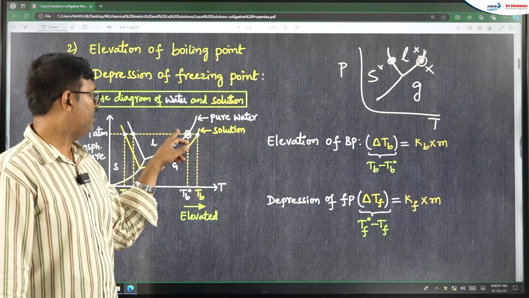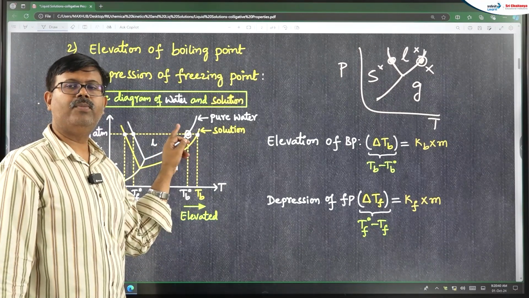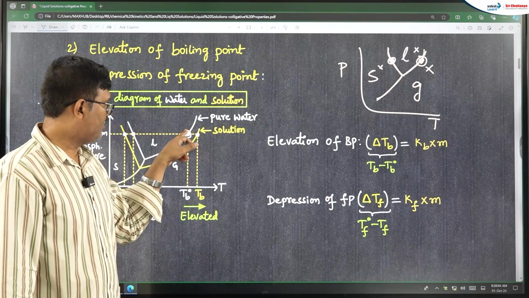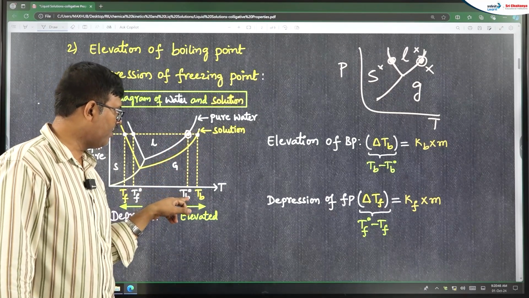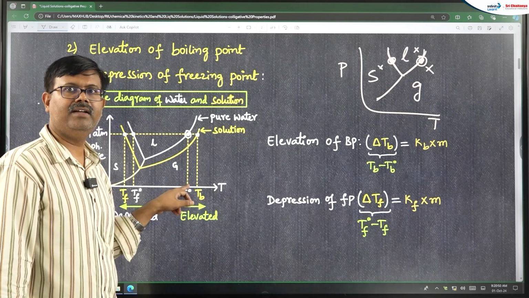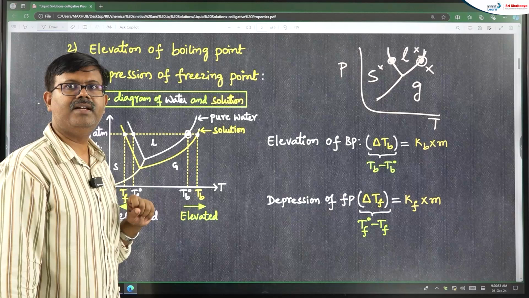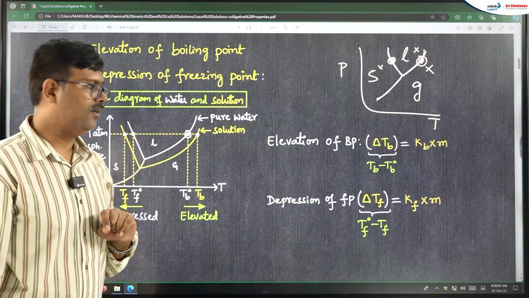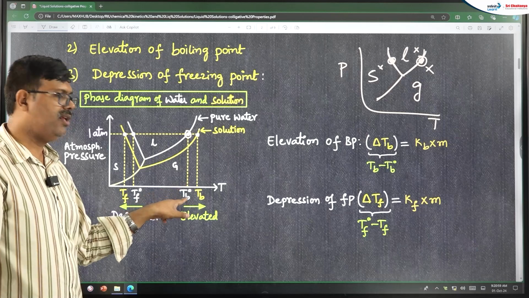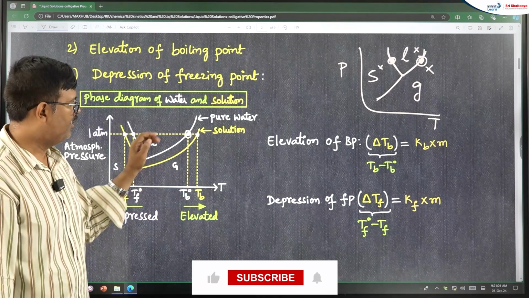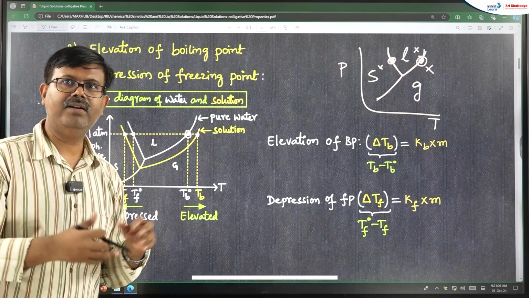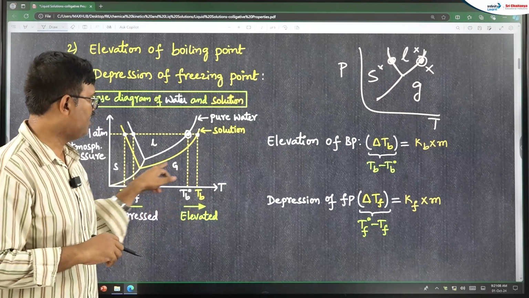Now, when liquid water is boiling into gaseous water vapor, the corresponding temperature is denoted here as TB naught. See the white color letter here, TB naught is the temperature here. So this is the boiling point of pure water. Now when you go to the solution, after adding solute to the liquid water, that is the yellow curve.